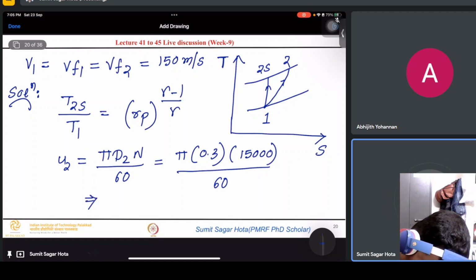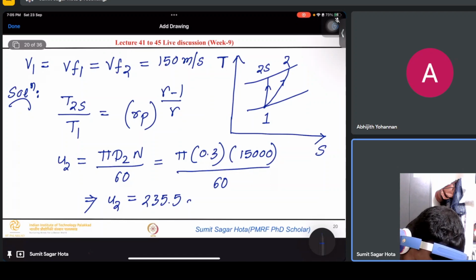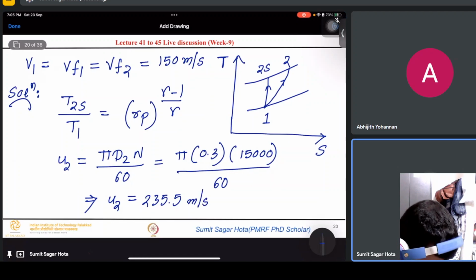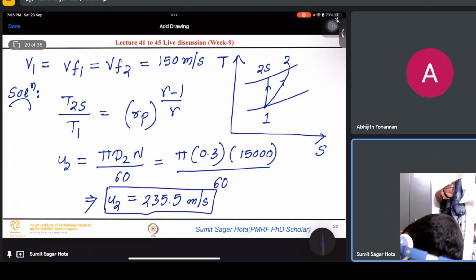When you solve, you get U2 as 235.5 meter per second. So now you have all the values for finding the power required to drive the compressor.